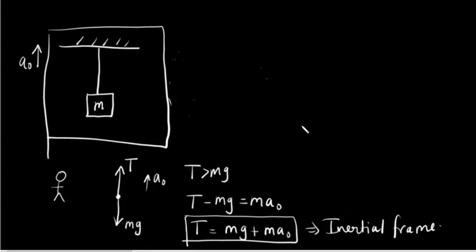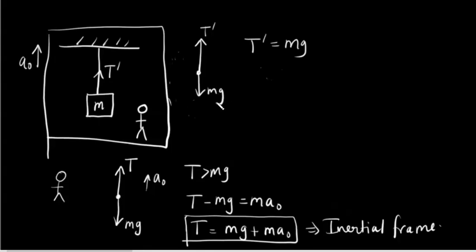Now what if the observer is inside the box? If the observer is inside the box, let's say the observed tension is T dash upwards, so then he will say that T dash is equal to mg, because the free body diagram will look like this: T dash upward and mg force downwards, so both are equal in magnitude.